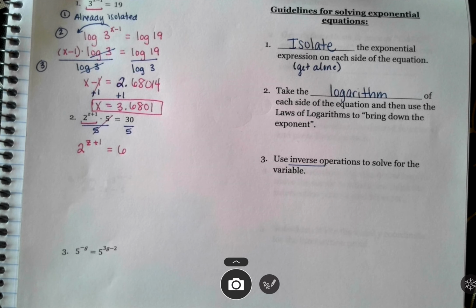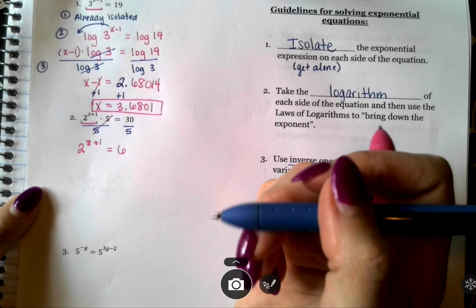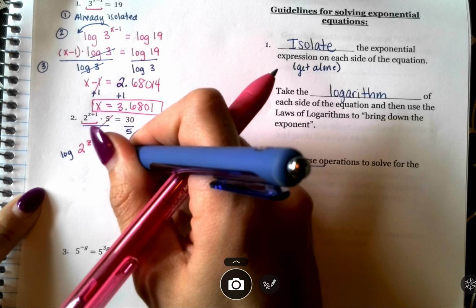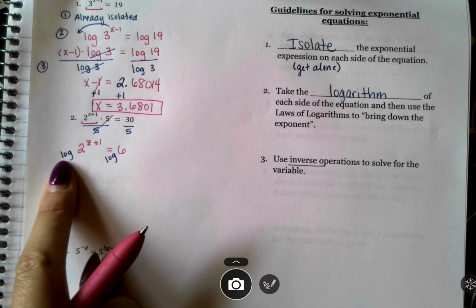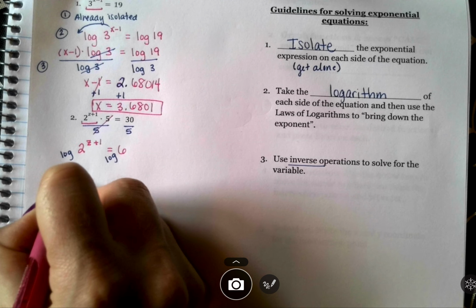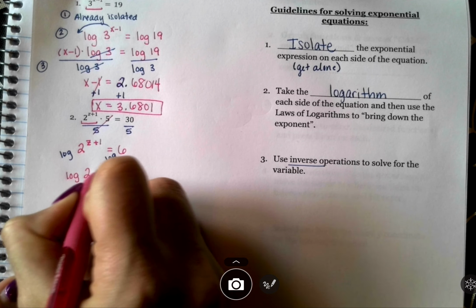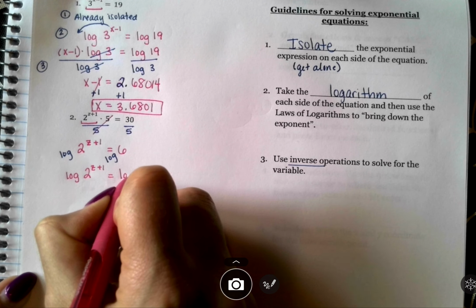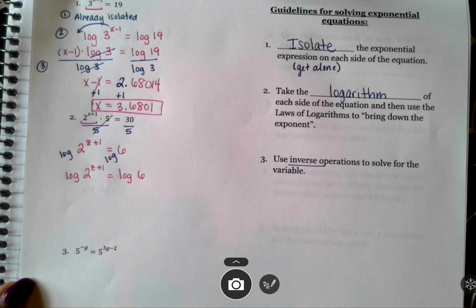I want to take the logarithm of both sides. I'm going to make it look a little different this time. So I'm going to do log of that and log of that. Whatever I do to one side, I have to do to the other. So when I write it prettier, I have log of 2 to the power of z plus 1 equals log of 6. I'm still using common base 10.